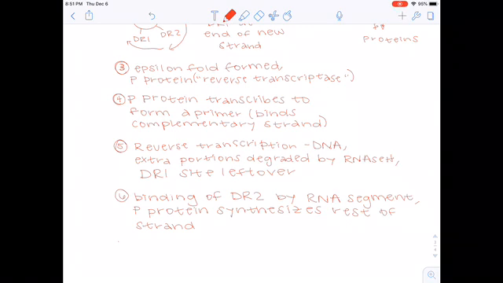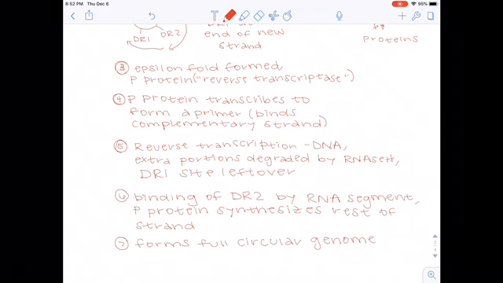And so the genome is then pretty much complete, and it's going to form a full circle because the two strands are complementary. And the P protein at that point is going to finish the positive sense of DNA.